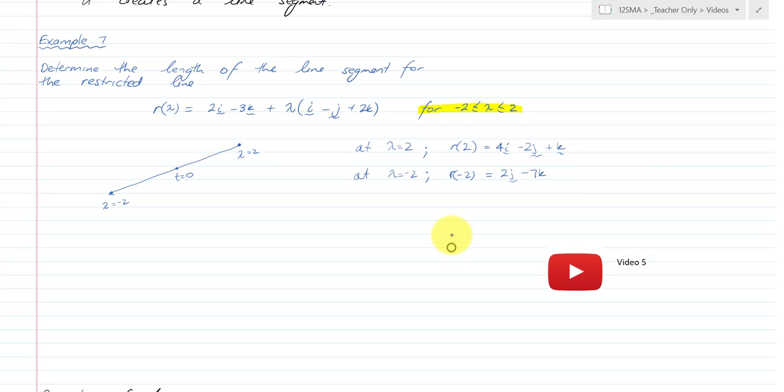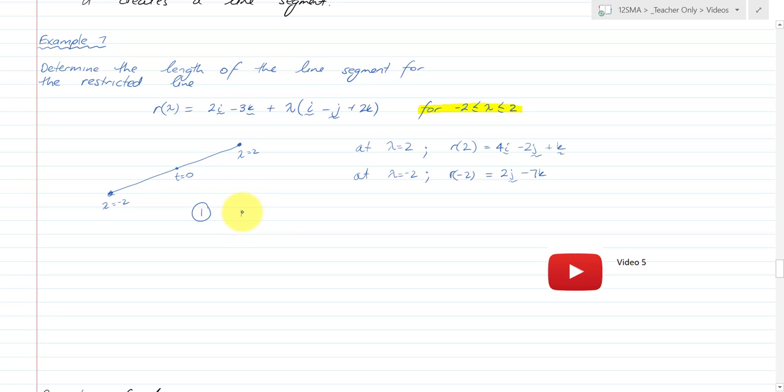Now, I can do this in two ways. With the distance formula it doesn't matter which way you go, whether you look at this endpoint minus this endpoint or the other way around, but you just have to be consistent with your orders. Option 1 is to use the distance formula.